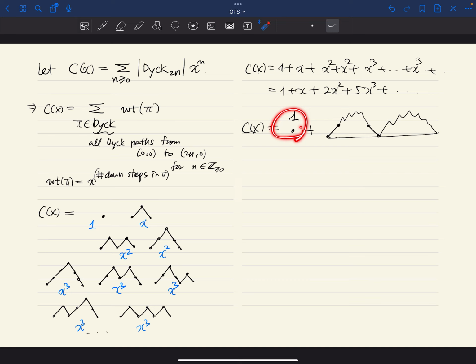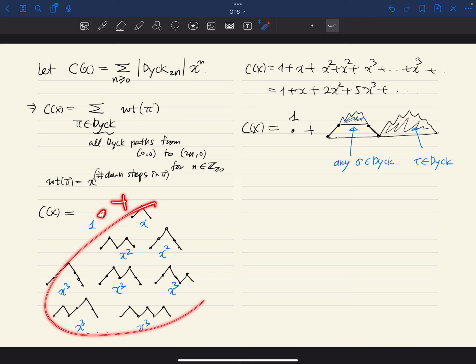Either it's an empty Dyck path, or it goes up and then it stays somewhere above and then it goes down, and then you do the same thing over here. That means everything in between can be any, say, sigma in the Dyck path. And here, any tau can appear. It could be empty. Empty means it ends here. That means, imagine your picture. You have 1 plus, and everything here can be collected in this way.